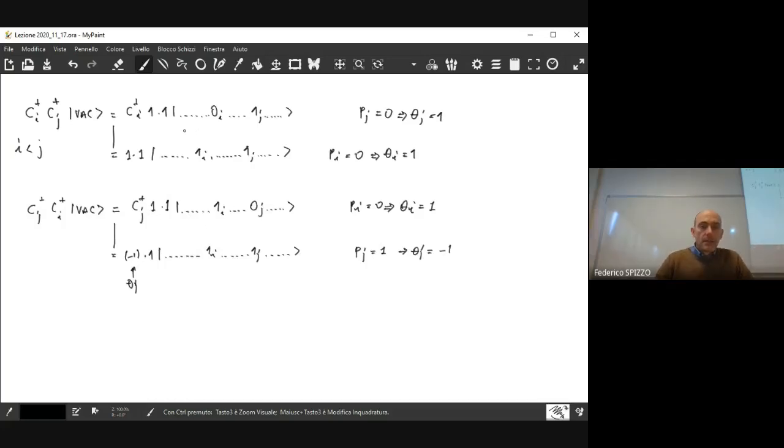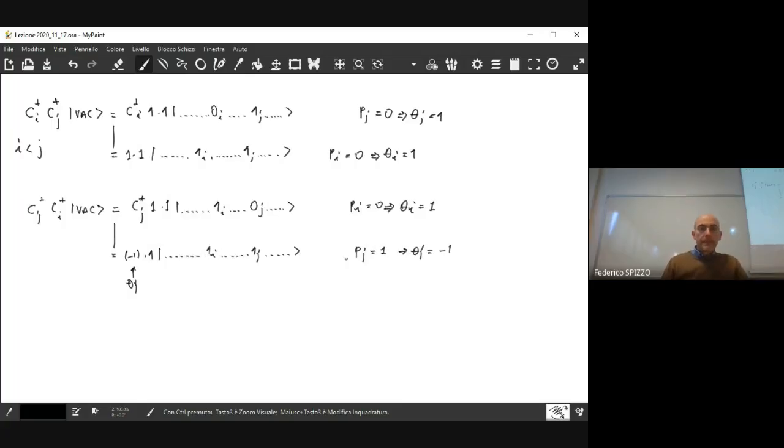Now, as you may imagine, even if the occupancy of all the levels that are not I and not J had been different from 0, in this second situation, Pj would have changed because, with respect to the occupancy of all the other levels, a new level was introduced here.